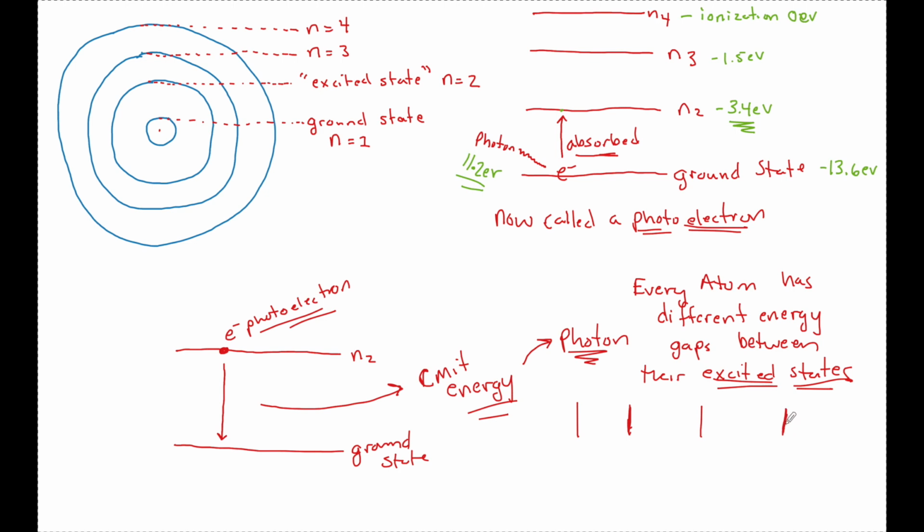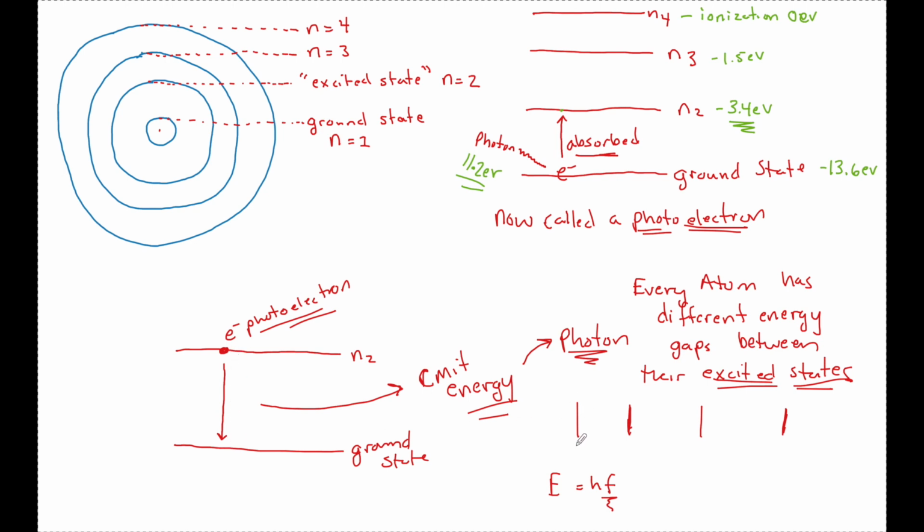That's how we can shine something at the sun and know what elements are there, because every element has specific energy drops, which is going to create different lights, and that's how we know what elements are present when we look at a certain light, right? Because we remember from just a second ago that the energy of a photon is equal to hf. The frequency of a light gives its color. So by knowing the emitted energy, I can then find the frequency, which is going to tell me the color that's created when I fall down to a specific ground state.